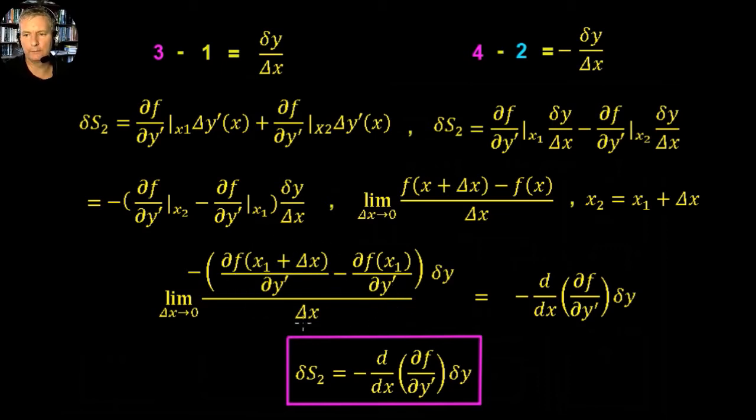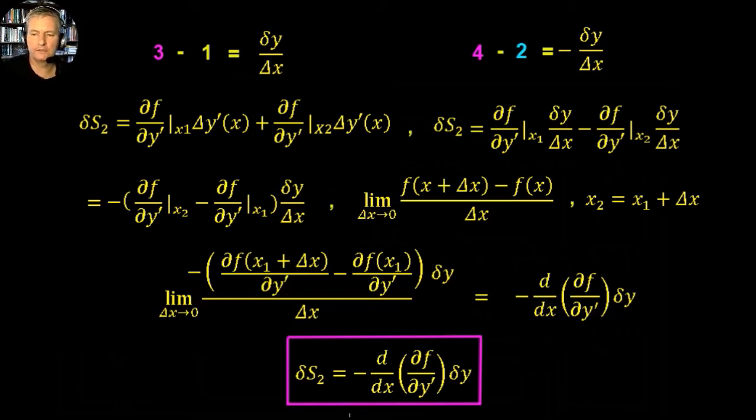Now this term here, if we look at it, is nothing other than the quotient for a differentiation, and if we take the limit as our delta x tends towards 0 of all of this, then what we're going to be left with is the minus sign, and it's going to be the normal differentiation, which is d by dx, but we're differentiating the partial f by partial y derivative. So we're left with minus d by dx of partial f by partial y derivative times our delta y.